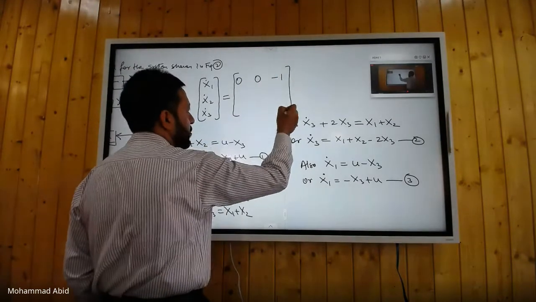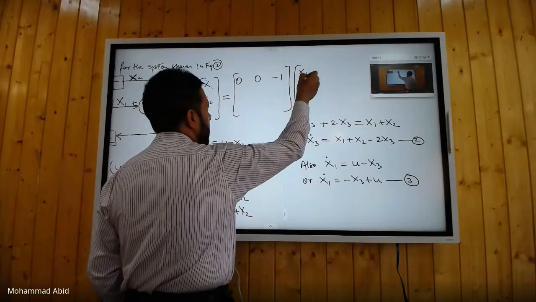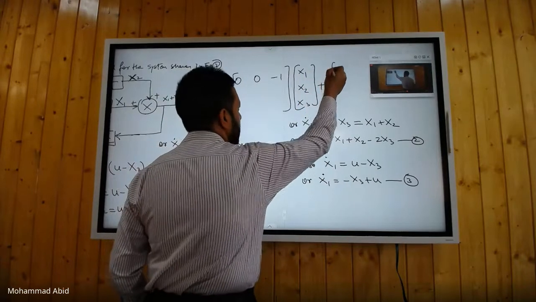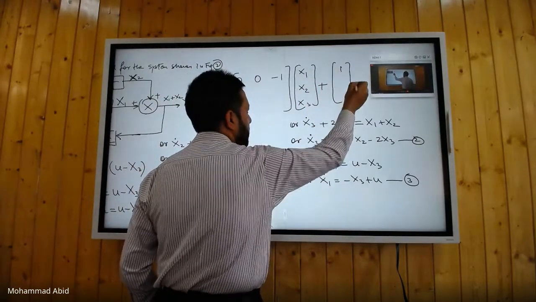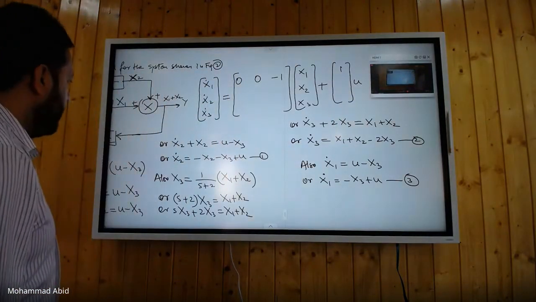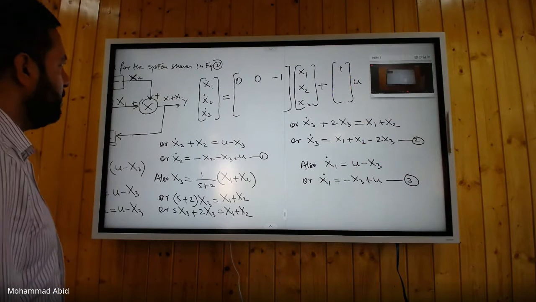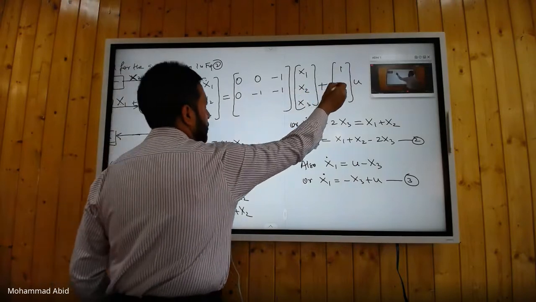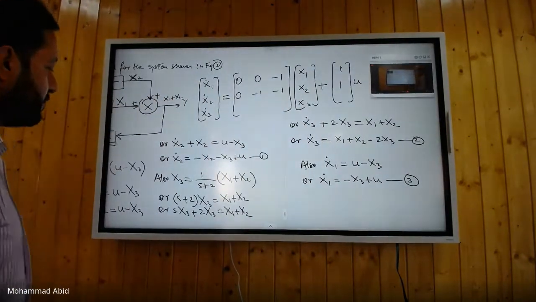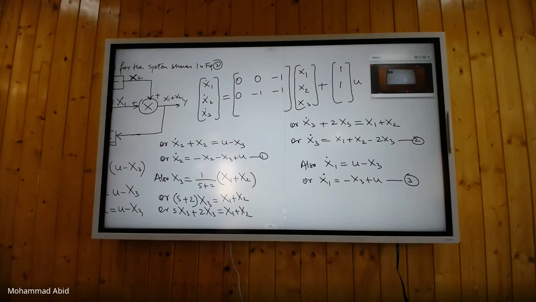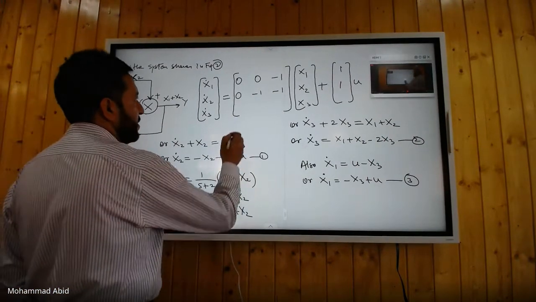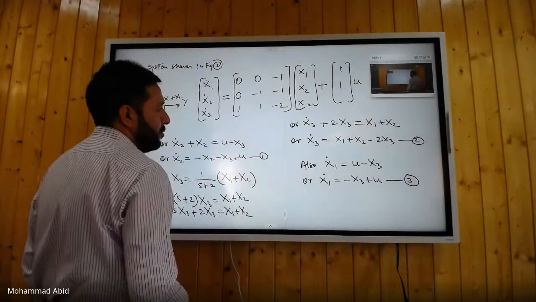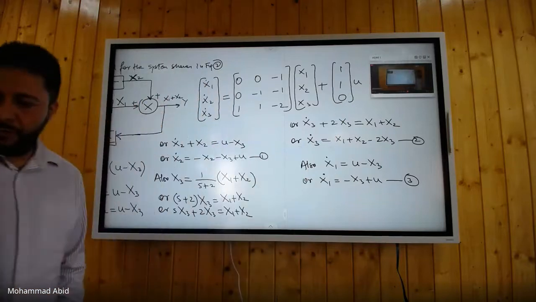Plus u also, so this is x1 x2 x3, and this is 1 and this is u here. Is that okay? Now x2 dot is minus x2 minus x3 plus u. So this is 0, minus 1 and minus 1 and plus u, it's 1 here. Then x3 dot is equal to x1 plus x2 minus 2x3, and there is no u term in this, so this is 0. Is that okay?